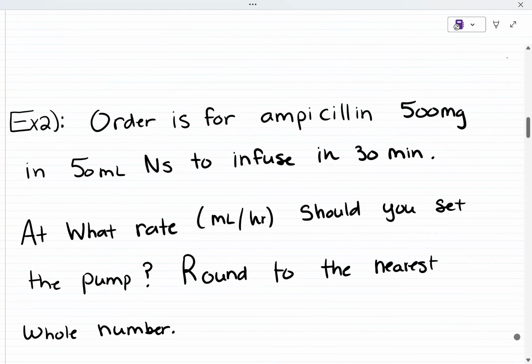Okay, let's move on to example two. Example two, the order is for ampicillin. Is this the right question? I think I went too far down.